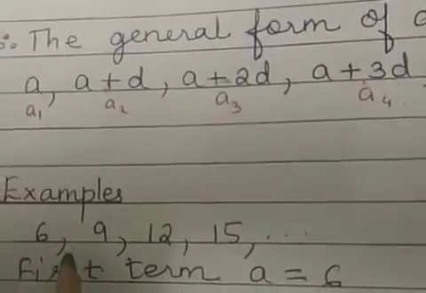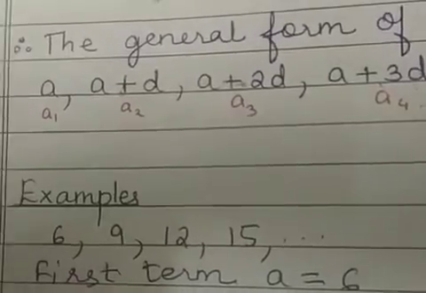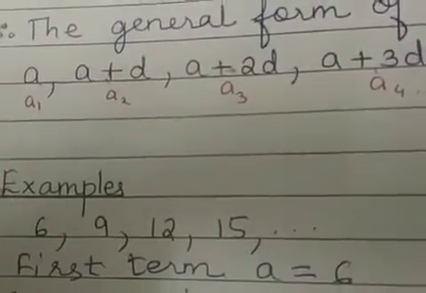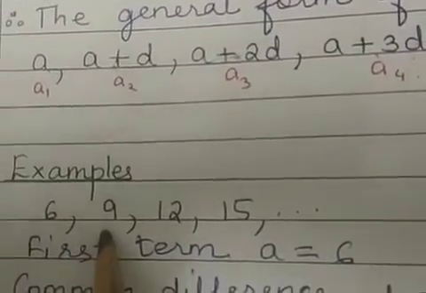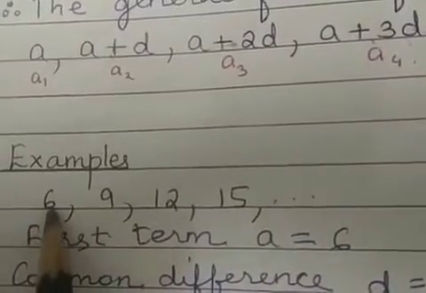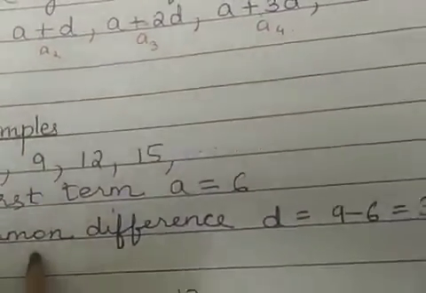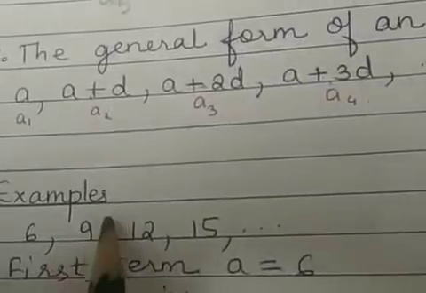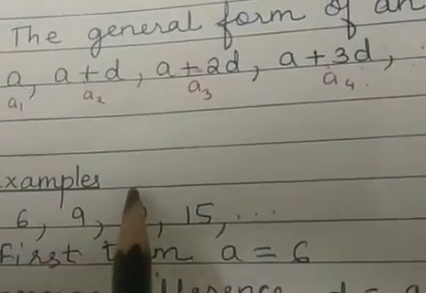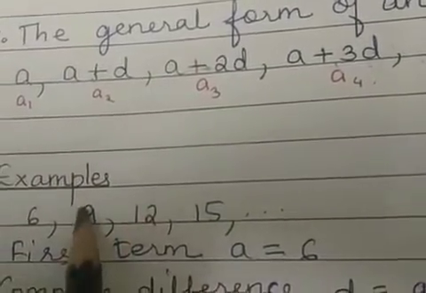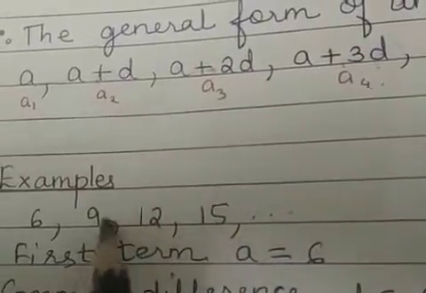This is an AP already. So what is the first term here? First term a is 6. And what is the common difference? You can take any two consecutive numbers: 12 minus 9, or 15 minus 12, or 9 minus 6.